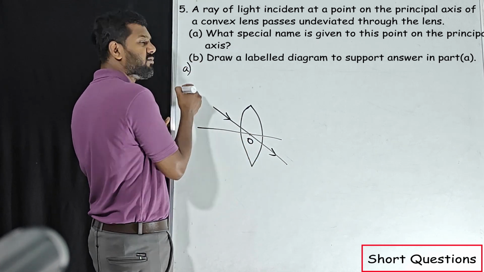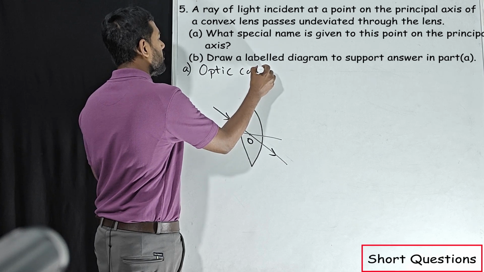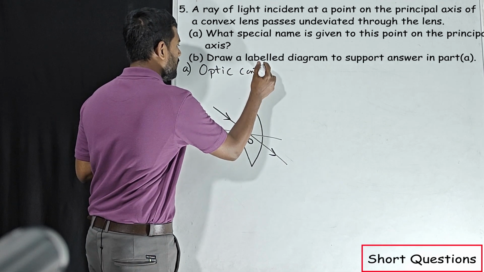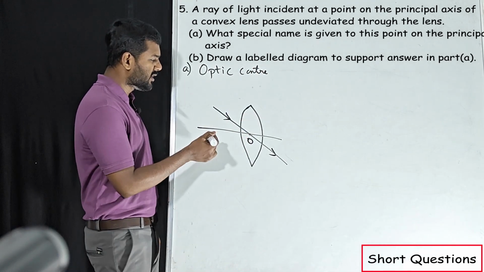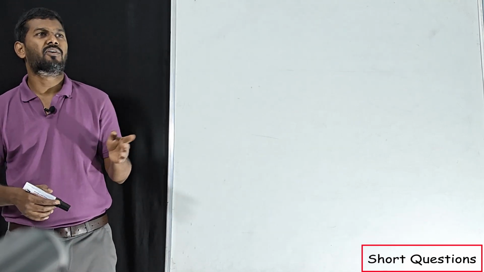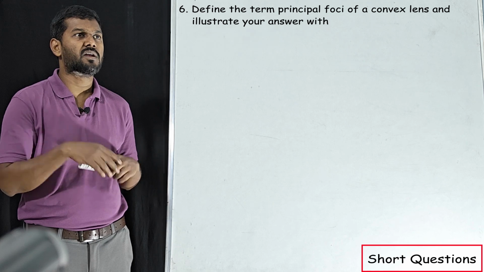So what is the name given for this? Optic center. Center is also fine, UK English and US English. This is the diagram they are looking for. That's it.